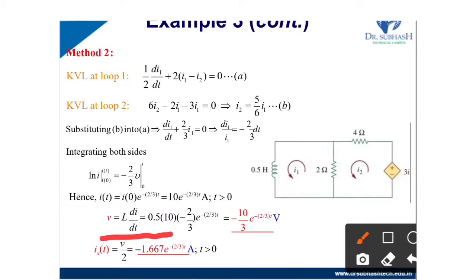So it is minus 10 by 3 e raised to minus 2 by 3 t volt, and Ix of t equal to V by 2. So it is minus 1.66 e raised to minus 2 by 3 t ampere. So here our example is over.